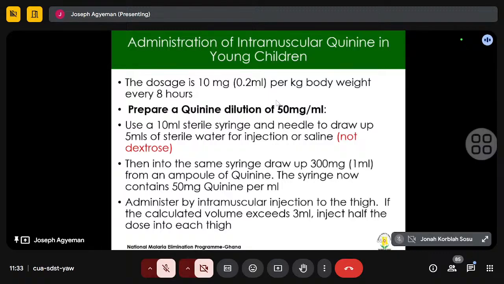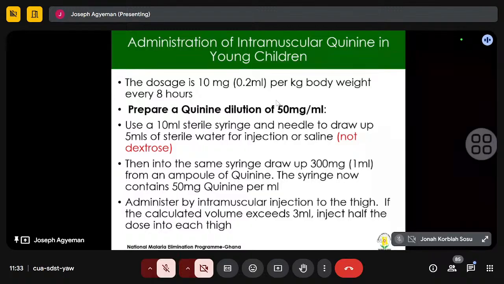He said he's going to add 5 ml of sterile water to this to increase the volume to 6 ml, still containing the 300 milligram. And if you divide through by 6, you are going to get 50 over 1, which is 50 milligram divided by 1 ml. And that is what we want to get.